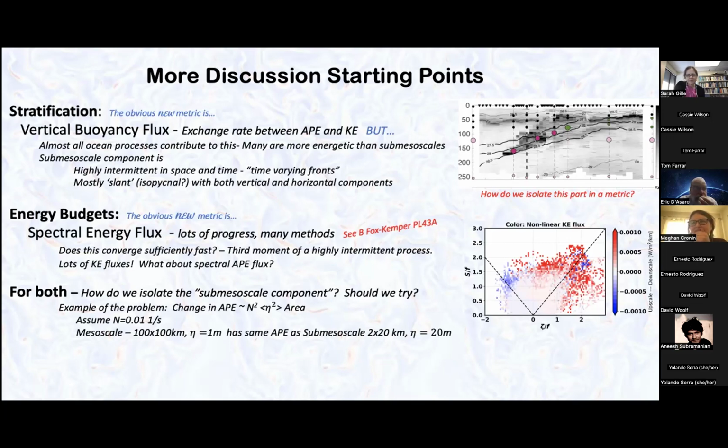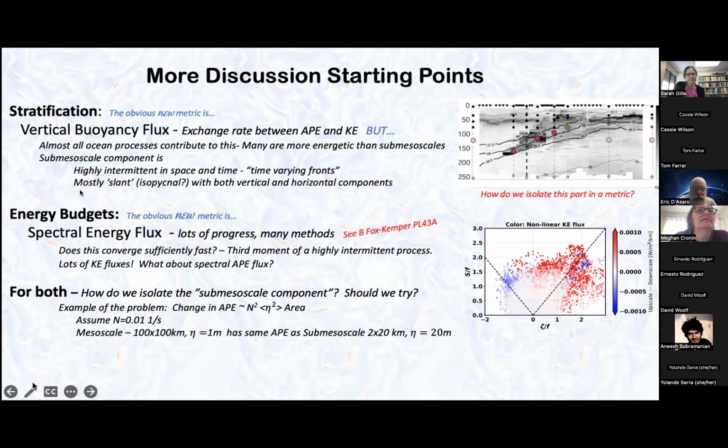The textbooks all say you should be measuring vertical buoyancy flux, but in the ocean you see vertical buoyancy fluxes from mesoscale eddies, which are pretty big, and from internal waves, and it makes it really hard to interpret. So the issue is, in either of these measures, how do we isolate submesoscale components? One of the characteristics, good and bad, of submesoscales is that they are highly intermittent in both space and time. In other words, you might think of them as a bunch of time-varying fronts.